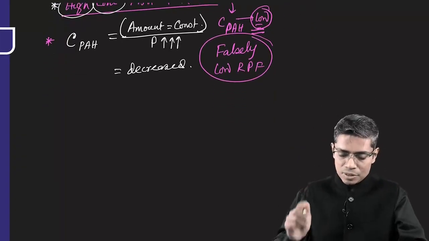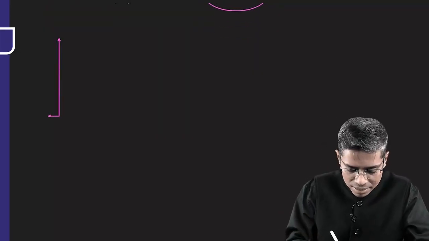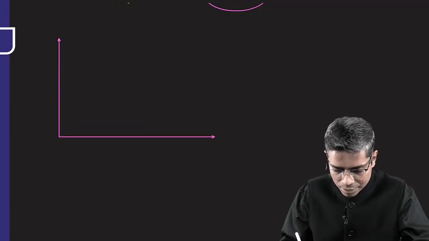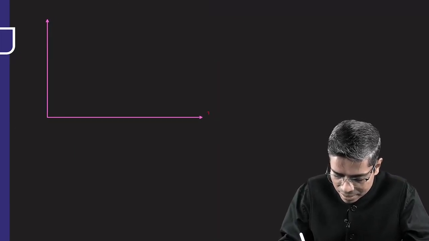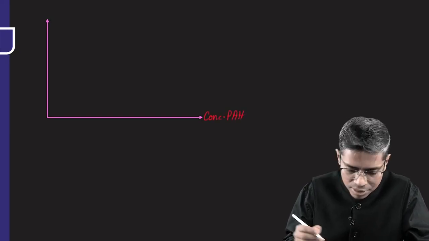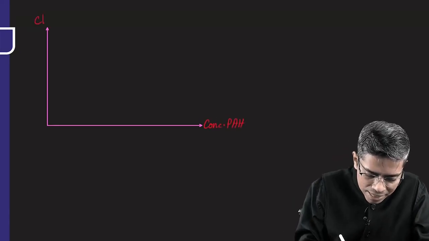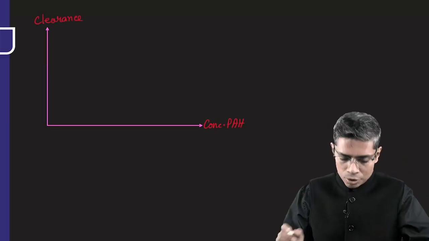So this concept is beautifully described with the help of a graph. That graph I am going to plot here. With that curve you will understand this better. So this is a curve. In the x-axis I am plotting the concentration of PAH, and in the y-axis the clearance of PAH.